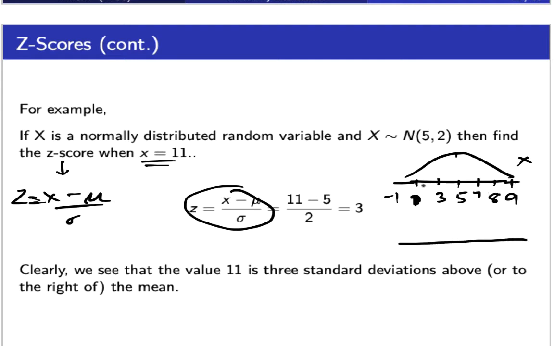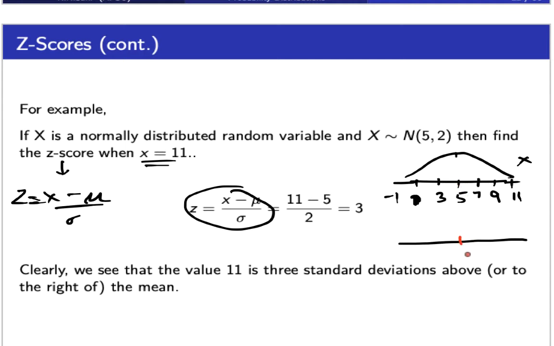Oh, I'm sorry, I did something wrong. We're going 2 standard deviations each time, not 1. So it's 7, 9, 11. Sorry, guys, I was wrong. Thankfully, I caught it.